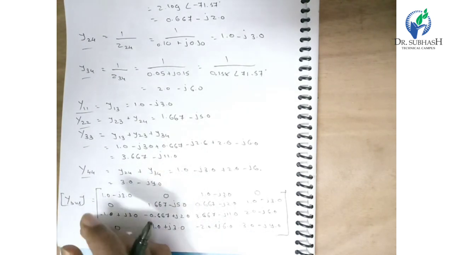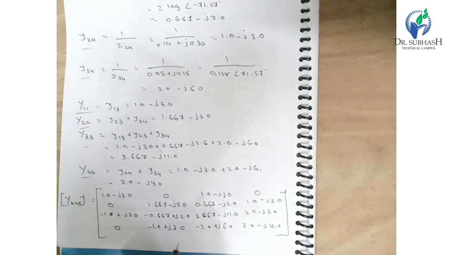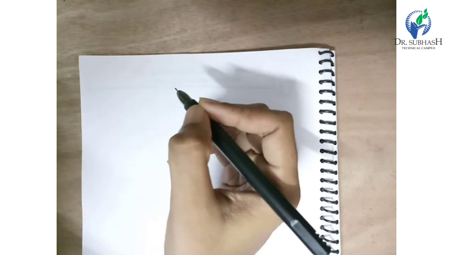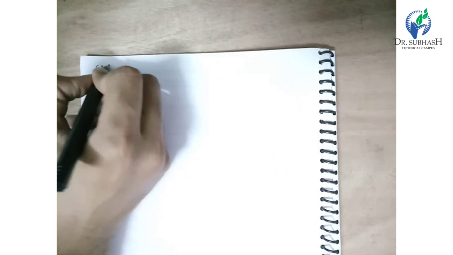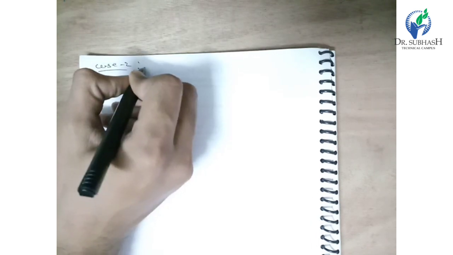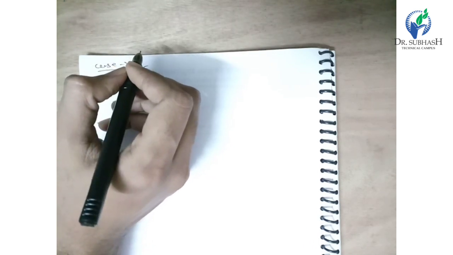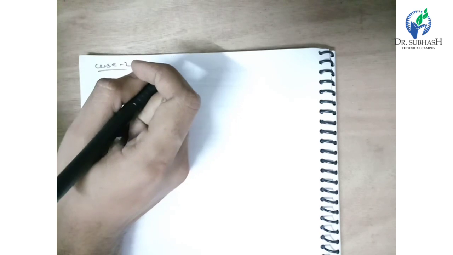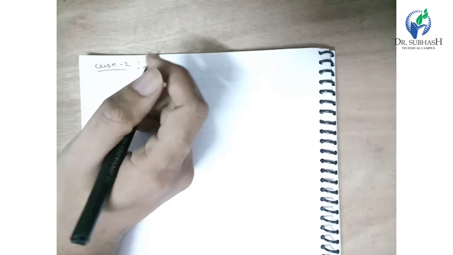Now in the second case we find what modification is needed to carry out in the Y bus if the dotted line is connected. So in the second case, when the line is not dotted the output will be given in Y bus form.